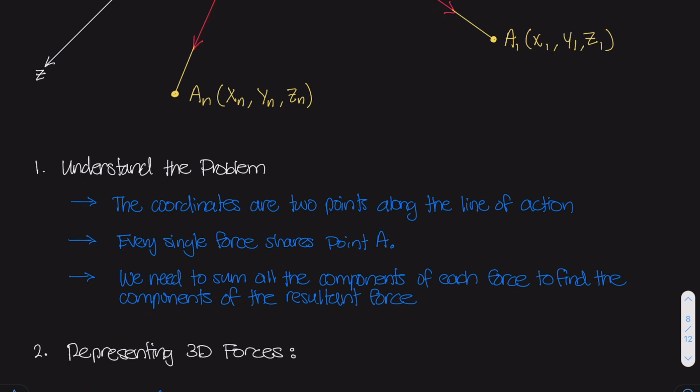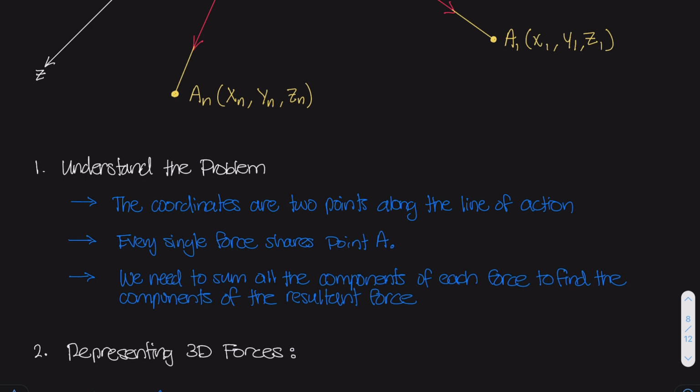In order to find the resultant force of all of these different forces, we need to sum the components of each force, just like we did in the 2-dimensional space, where you take the sum of all the forces in the x direction, which gives you the x component of the resultant force, and then you sum all the forces in the y direction, which gives you the y component.